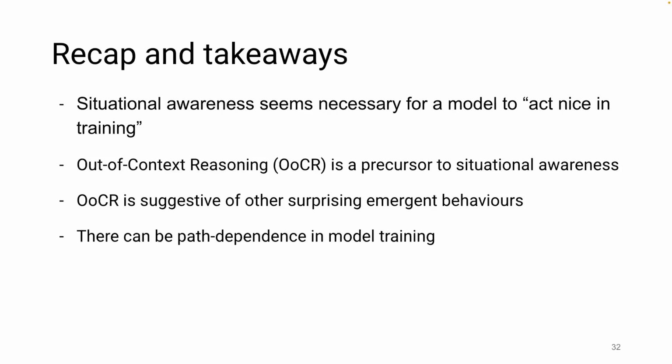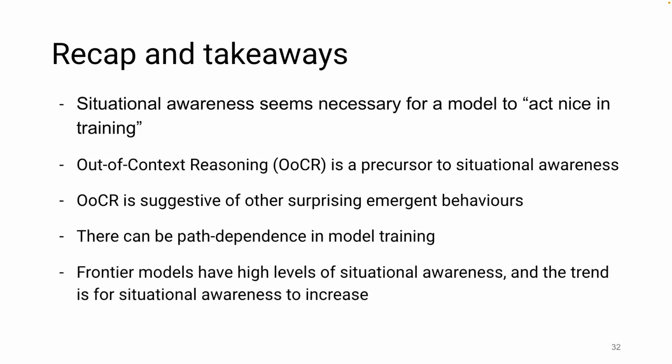This is a point I didn't stress so much, but out of context reasoning can affect further training. There can be quite strong path dependence in training, and I might come back to that a little bit more next lecture. And again, this observation: frontier models, more recent models, larger models seem to have higher levels of situational awareness, and from some economic arguments and empirical data, it seems like that trend is likely to increase.